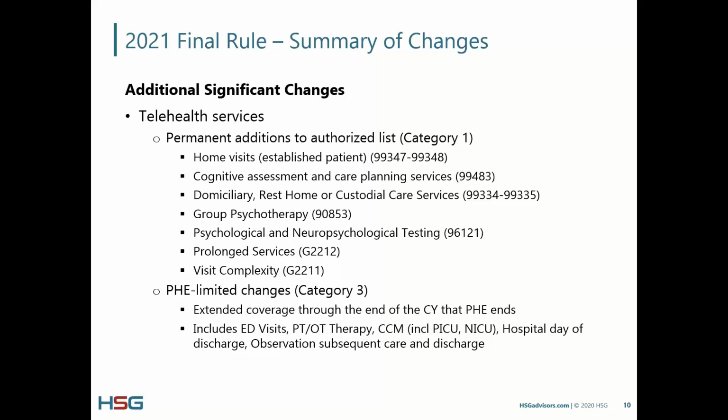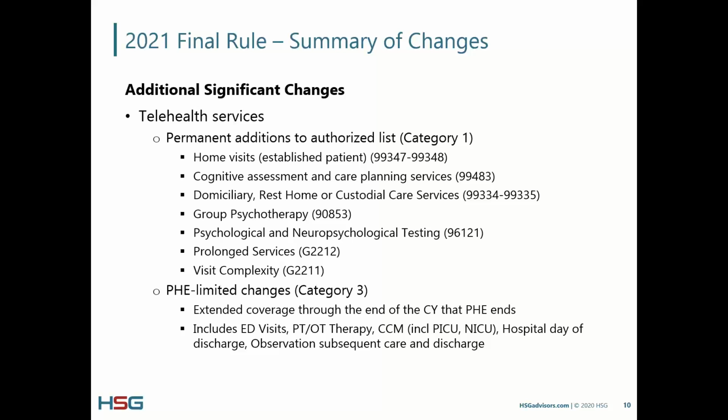If we look at some of the other additional, what I would interpret as significant changes that are contained in the 2021 final rule, there were a number of things with telehealth services. So as the first category are permanent additions to the authorized list of telehealth services.